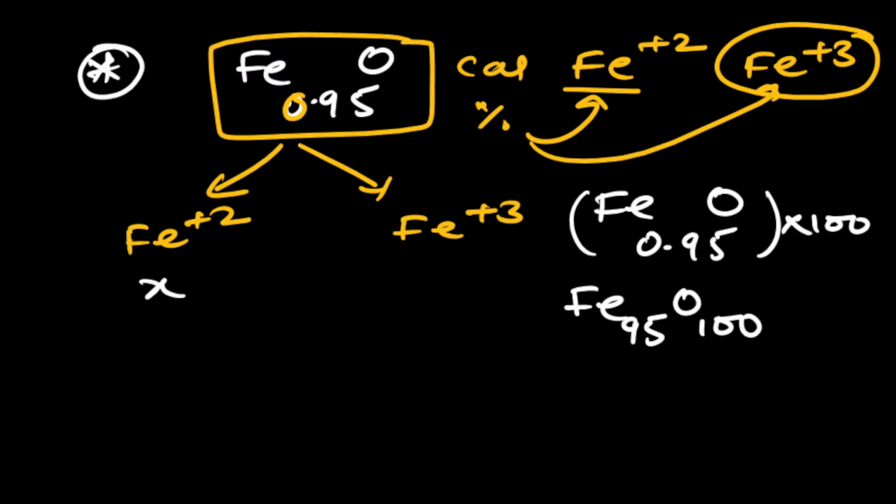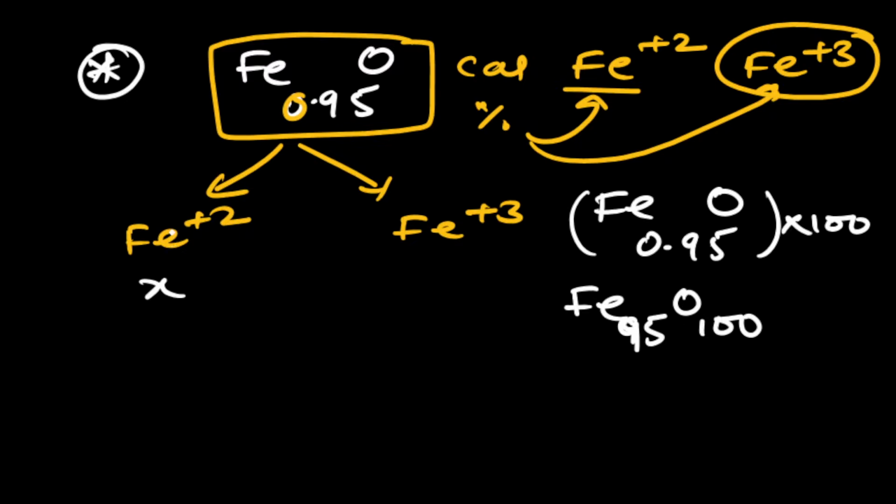Now in this compound we have 95 of iron and 100 of oxygen. In this 95 of iron, we have to calculate how much is Fe+2 and how much is Fe+3.